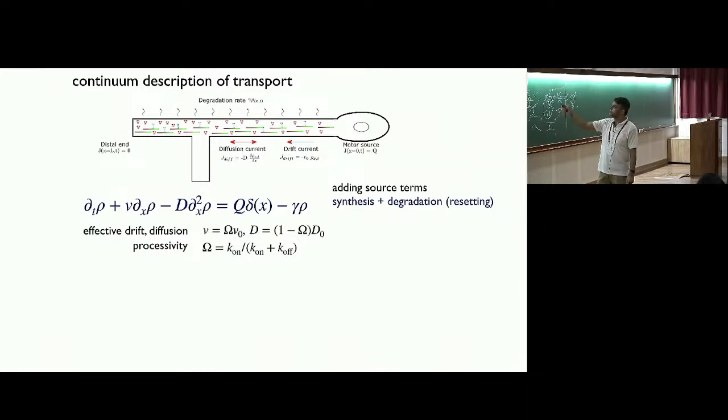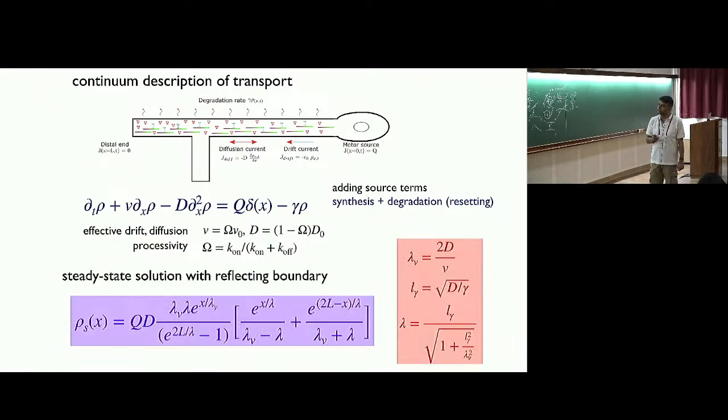So that source is near x equal to 0. This is plotted the other way, so this is x equal to 0, this is x equal to L. And then these molecular motors can also degrade along the way. So that's this degradation rate. Together that describes the full dynamics of this density profile.